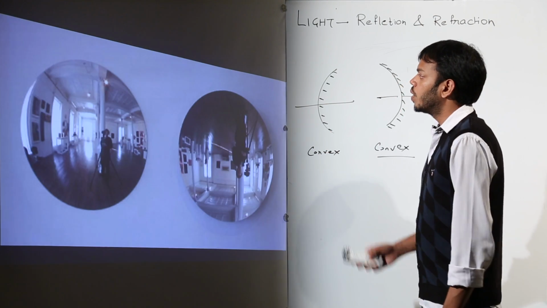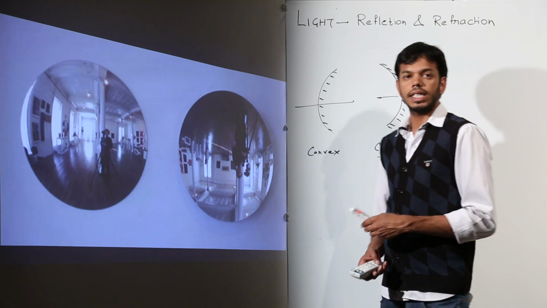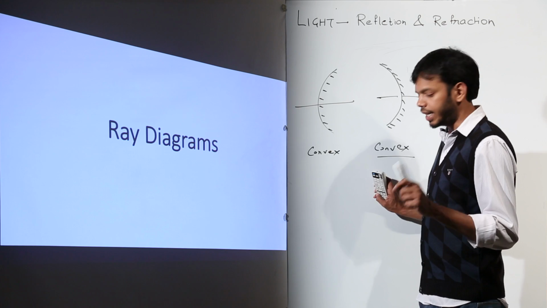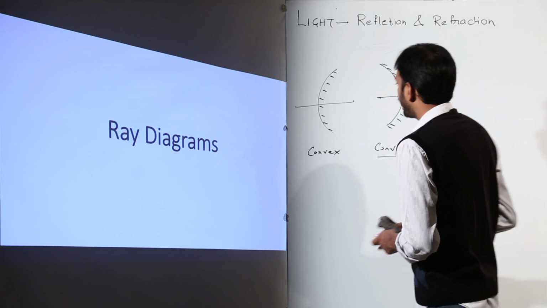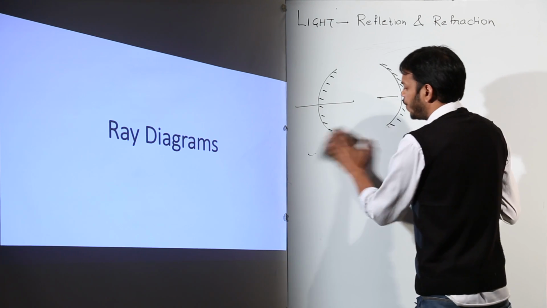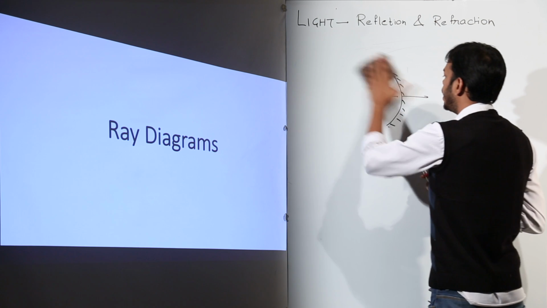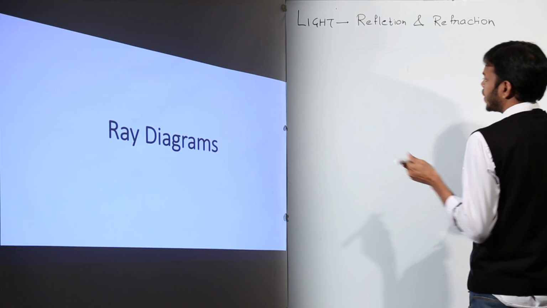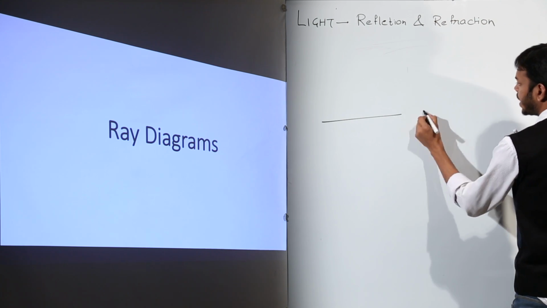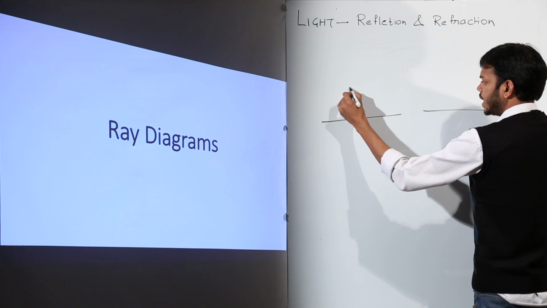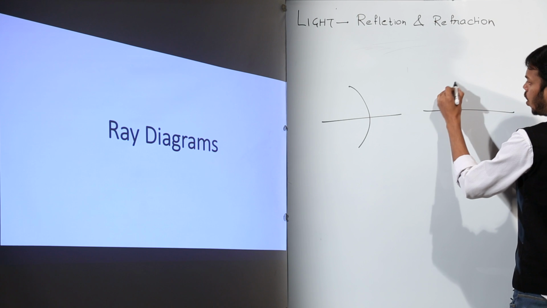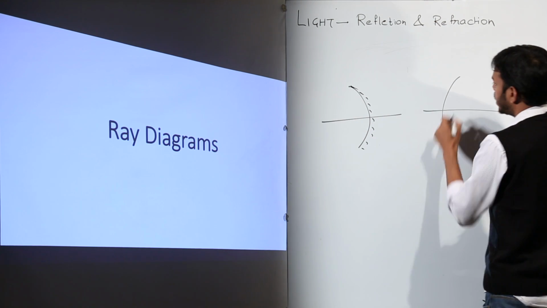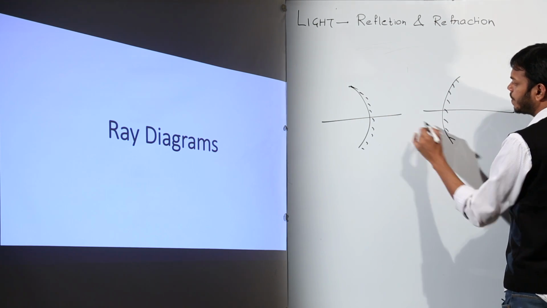Okay, now this is how the mirrors in reality look like, and we are going to go and study about ray diagrams. So before we study ray diagrams, we have to understand some very important points of locations in a spherical mirror. First of all, there will be your mirror, either concave or convex. This is a concave mirror, this is a convex mirror, right?